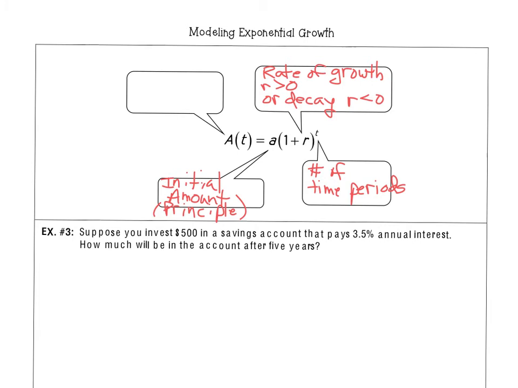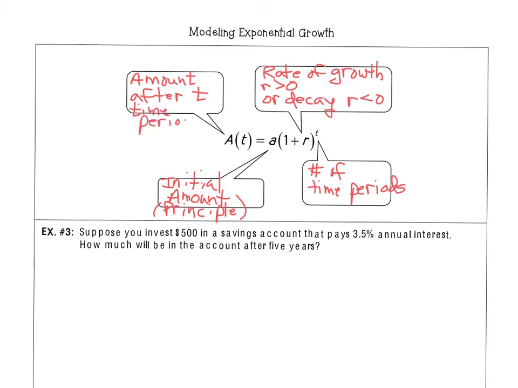It just depends on what we're talking about. Then the whole A of T, which is our Y, is going to end up being the final amount you have after T time periods.